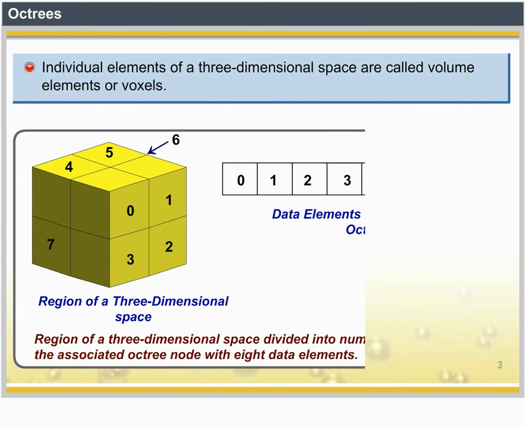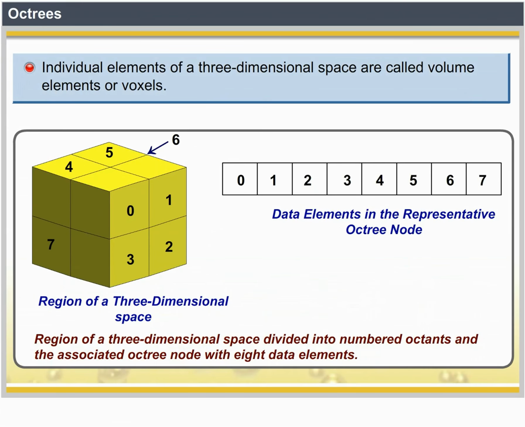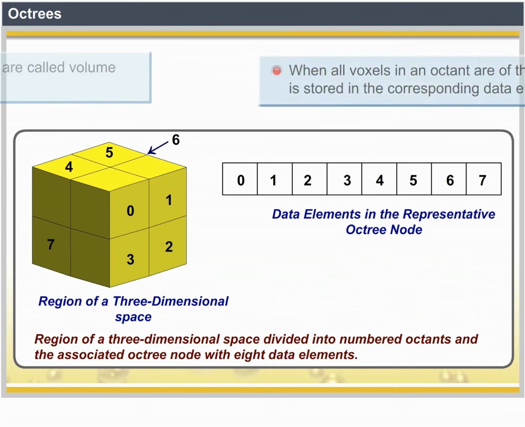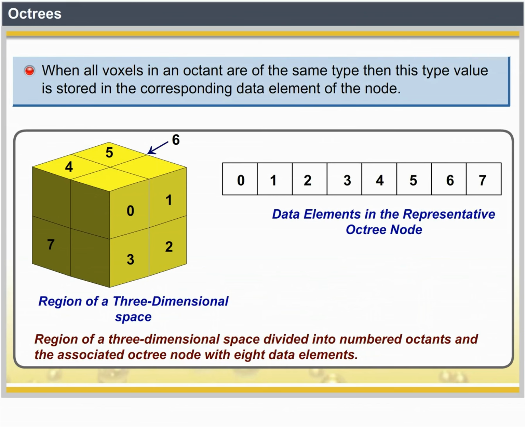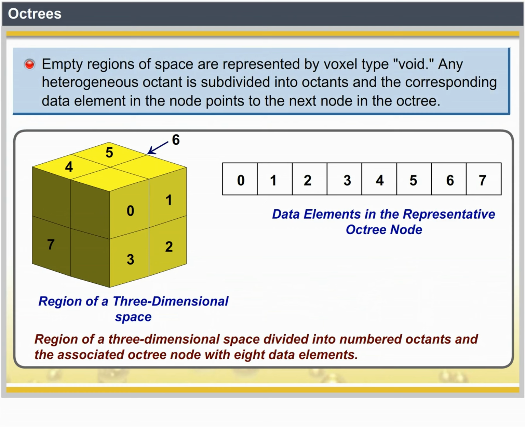Individual elements of a three-dimensional space are called volume elements or voxels. When all voxels in an octant are of the same type, this type value is stored in the corresponding data element of the node. Empty regions of space are represented by voxel type void. Any heterogeneous octant is subdivided into octants, and the corresponding data element in the node points to the next node in the octree.